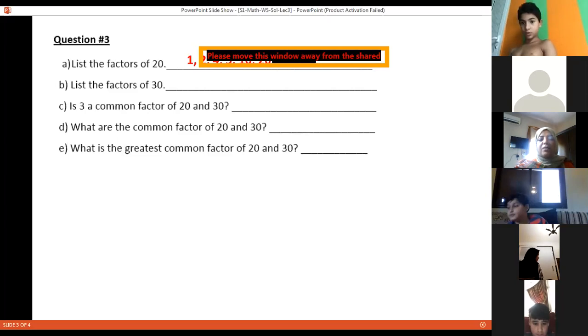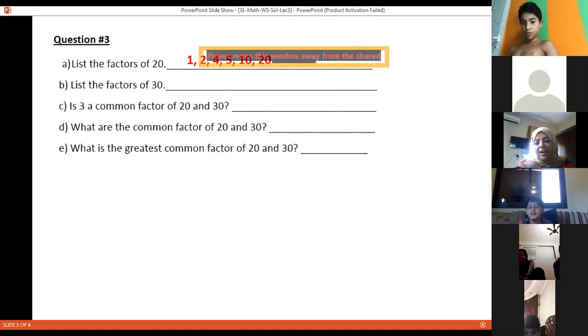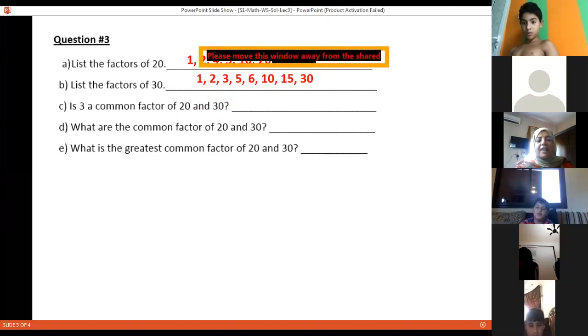Is there a number you multiplied by 4 to get 30? No, so we go for the 5. 5 times 6. Excellent. So the factors of 30 are 1, 2, 3, 5, 6, 10, 15, and 30.